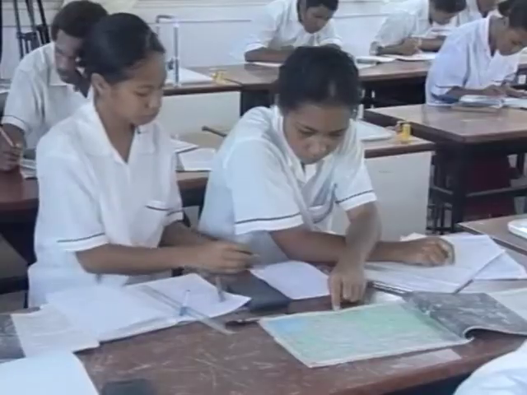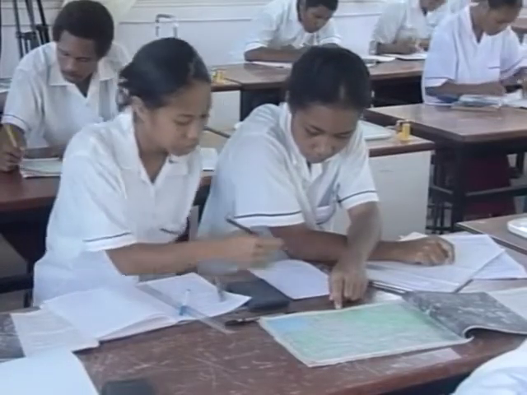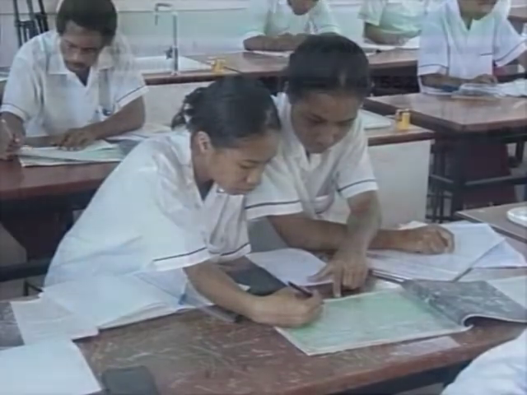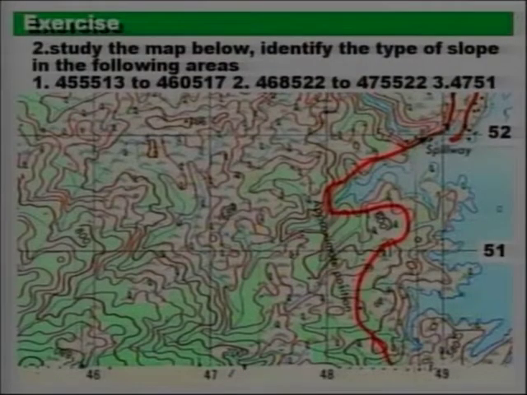They are closer. And as you are going to 460517, are they close together or further away? Further away. So that's going to the top where the lines are further away from each other. So therefore, we would have a convex slope. It's supposed to be a convex, and that's the reason why I'm telling you to double check the starting point.